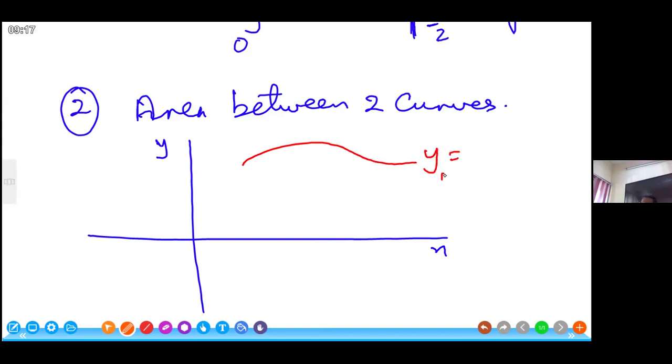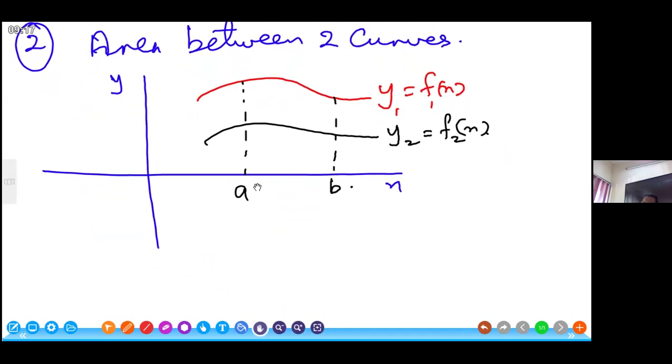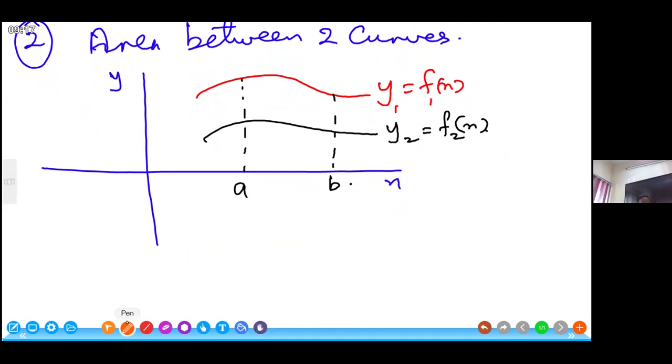Let's say y1 is equal to a function of x, and y2 is equal to a function of 2x, just indicating those are two different functions. Now, for a given x value from a to b, we want to find out the area between these two.